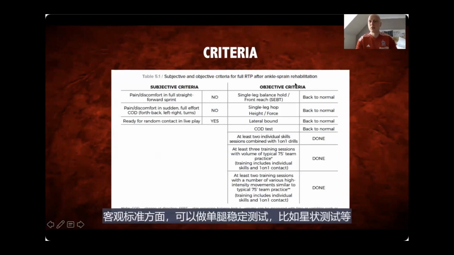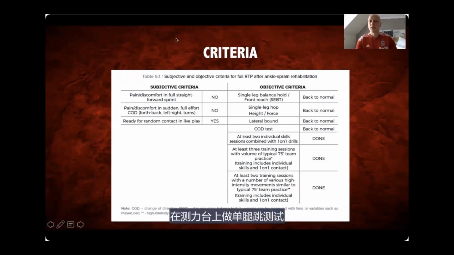When it comes to objective criteria, we can do a lot of single leg static tests such as front reach or a star test or whatever the test you prefer. Then we can assess on a force platform single leg hop, and we can look for height or force.